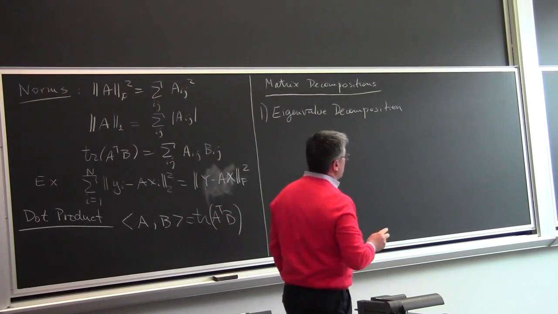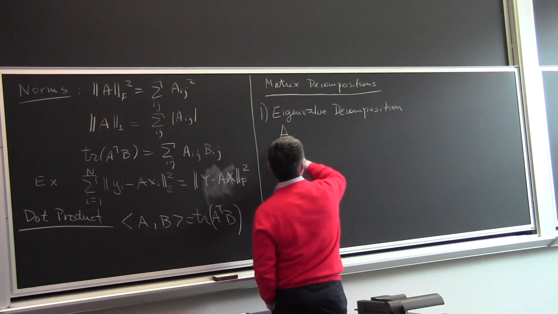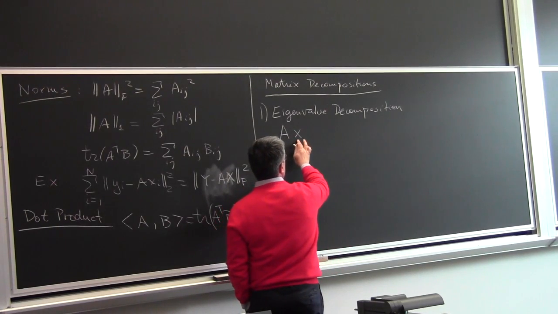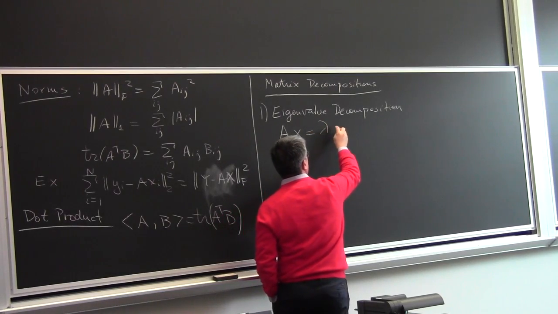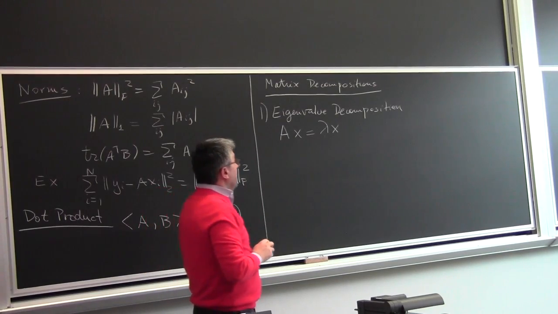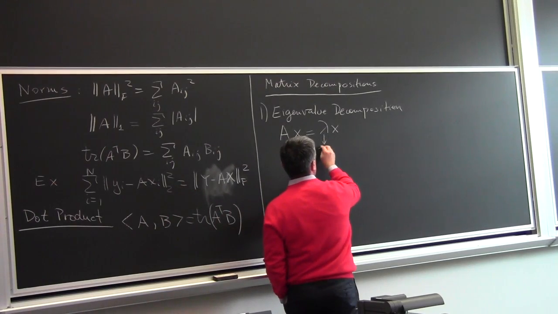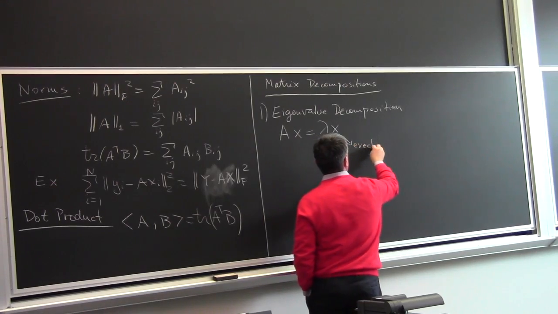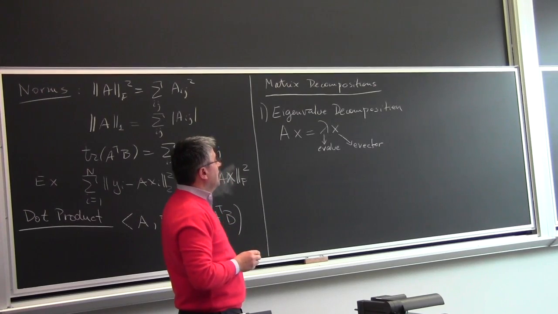But in the last lecture, I talked about eigenvectors and eigenvalues, and I said that the definition is simply that an eigenvector x is a vector such that when I multiply by the matrix, it gives me the same result, but multiplied by some scale. This is the eigenvalue, and this is the eigenvector.